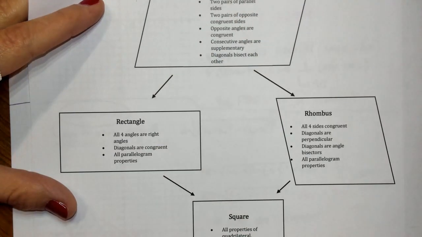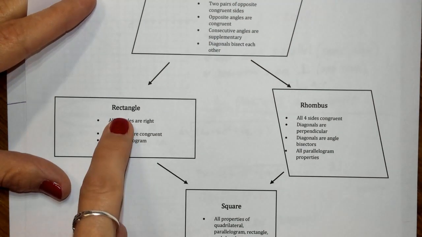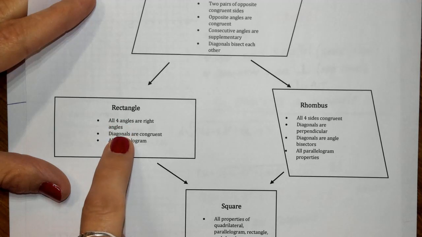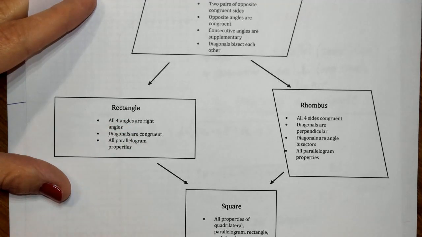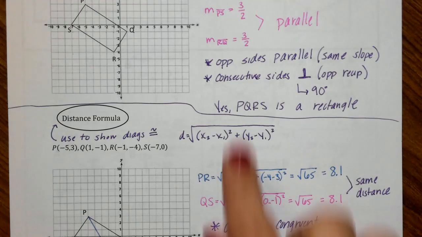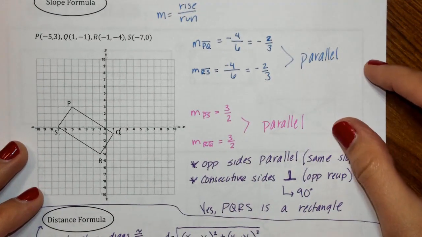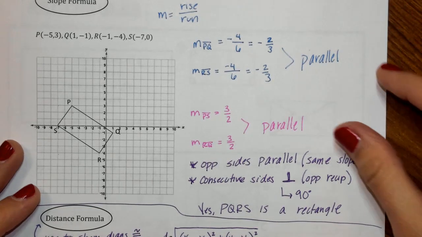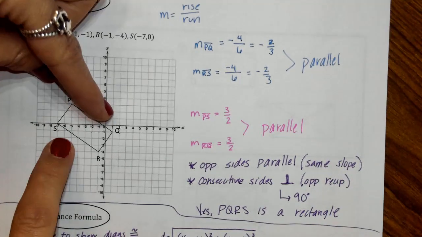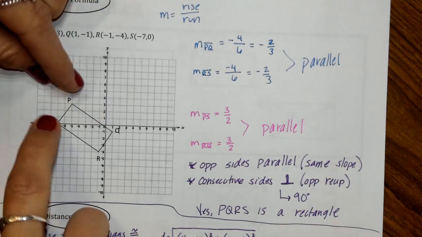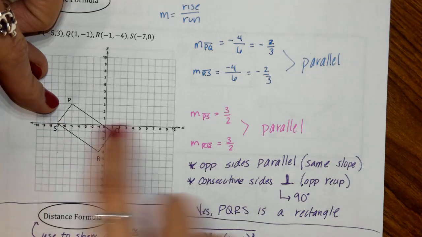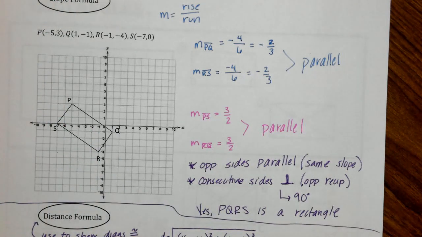We have to then take it a step further and prove one of these two. Either diagonals are congruent or the angles are right angles. If you prove that the opposite sides are parallel, this is probably the easiest in my opinion. Find the slopes and then see that the slopes of the opposite sides are the same, and then consecutive ones after are opposite reciprocals. But again, you choose whichever path that you would like to.